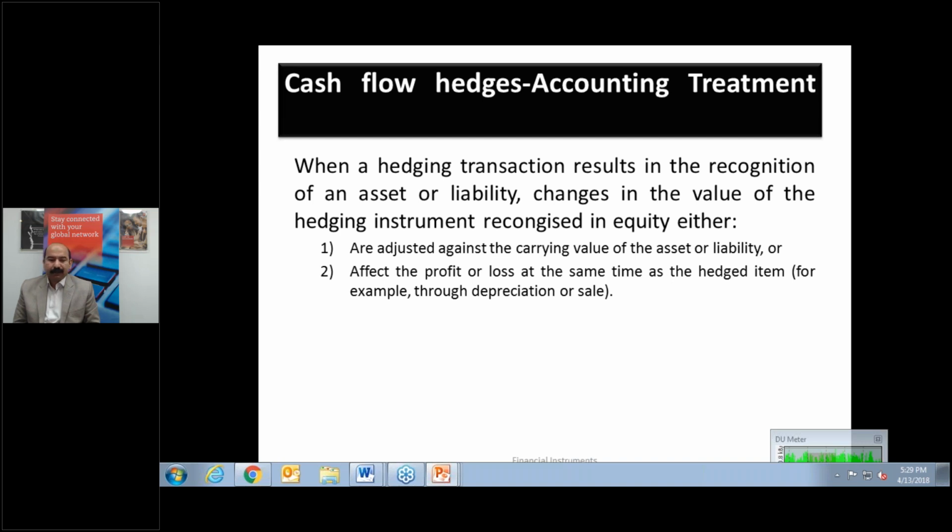Name the type of hedge. Option 1, fair value hedge. Option 2, cash flow hedge.